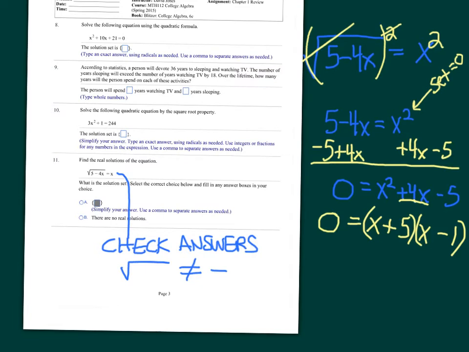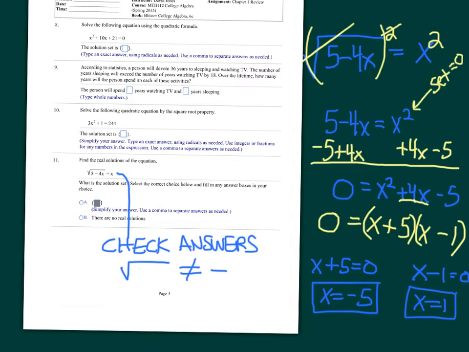Okay? And then from there, anytime you've got the two parentheses multiplying to equal 0, one of them has to be 0. Either x plus 5 equals 0 or x minus 1 equals 0. Subtract 5 from both sides, x equals negative 5 or x equals 1.